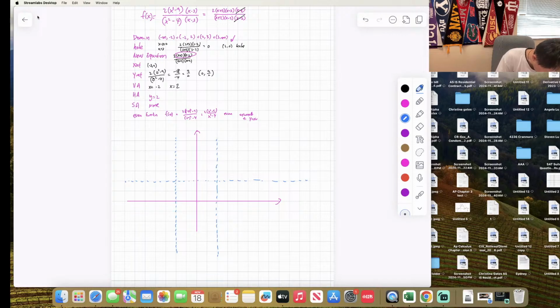Did you graph the hole? Did you graph the x-intercept? Y-intercept? 9 over 2 is 4.5, so it's right here. Is this okay?